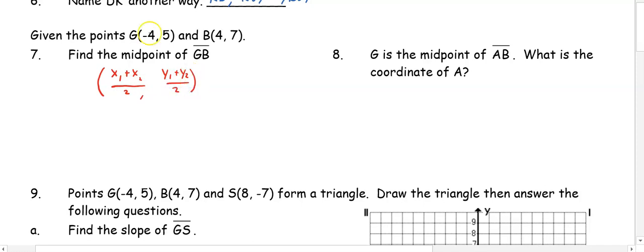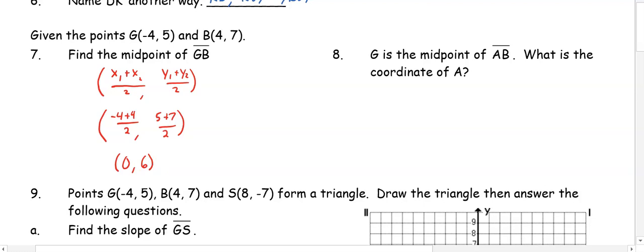So our x coordinates are -4 and 4. So -4 plus 4 divided by 2. Our y coordinates are 5 and 7. So 5 plus 7 divided by 2. So to simplify, -4 plus 4 is 0, divided by 2 is 0. And 5 plus 7 is 12, divided by 2 gets us 6.